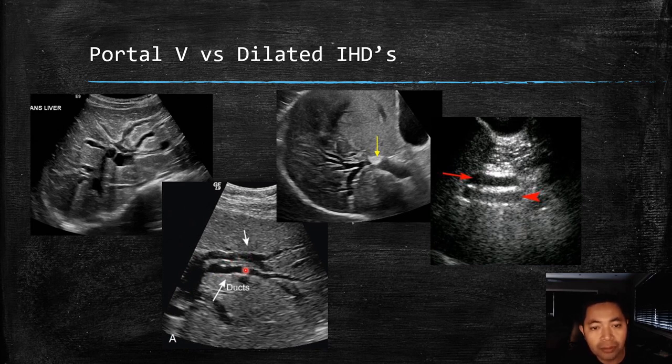But for the purpose of being able to determine the presence of intrahepatic ductal dilatation, if one sees echogenic tubular structures running side by side one another in the liver, this should alert you to the presence of dilated intrahepatic ducts. And this is known as the parallel channel sign.